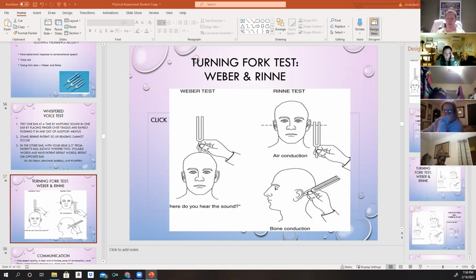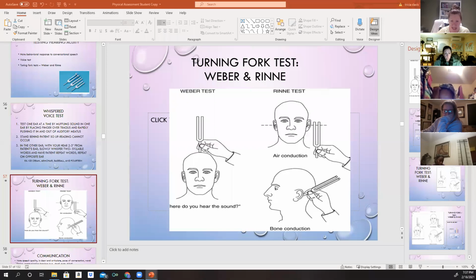Then the vibrations would be conducted through the skull and it would reach the cochlear area of both ears. You would ask the patient which side of the ear they heard the loudest, if it was the left or the right or midline, which would mean that it would be the same in both ears. In conclusion, the ear which heard the lower sound is going to be the one that's going to be examined or tested further. That's considered the Weber test.